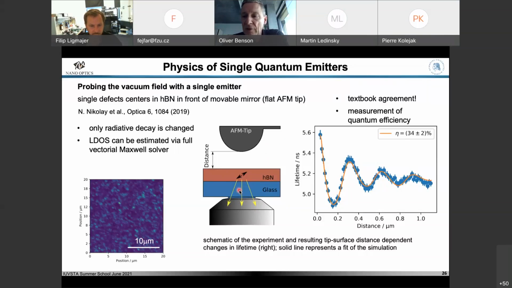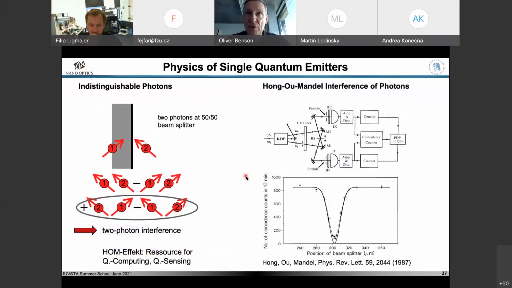And the lifetime of the excited state is determined by, say, the fluorescence lifetime and also the non-radiative lifetime. And here the only thing you change is the radiative lifetime. So the visibility of this fringe tells you directly the quantum efficiency. And for this emitter, it was 30% and so on. And this gives you some knowledge of what kind of emitter you have here and how well it is coupled to the environment. So aside from this fundamental issue, it's nowadays a very useful characterization tool.